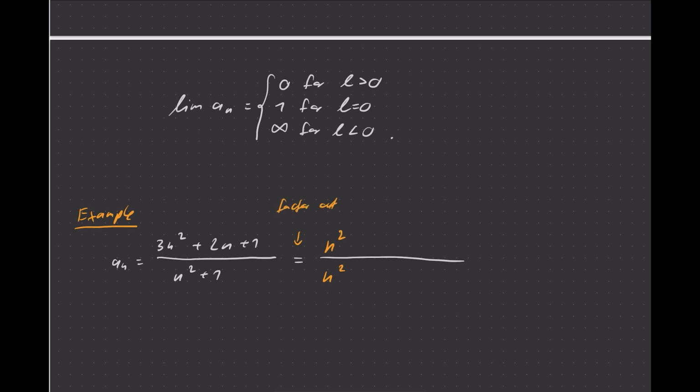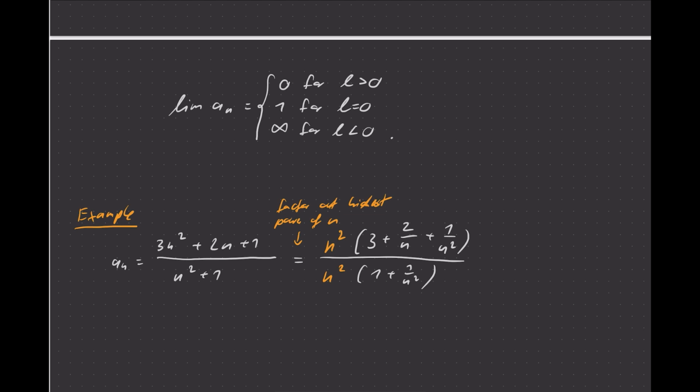So we factor out the highest power of n. And what remains is, in the numerator, we have 3, of course. Then we have plus 2 over n and plus 1 over n squared. In the denominator, we get 1 plus 1 over n squared.